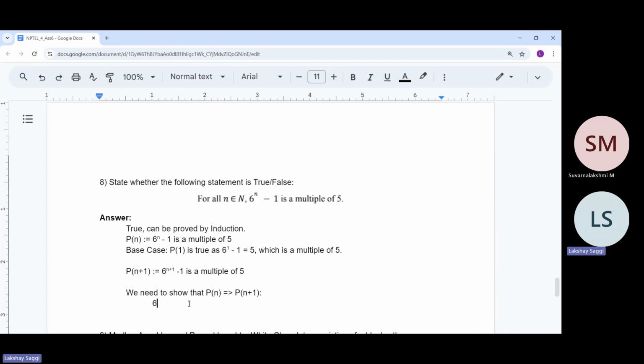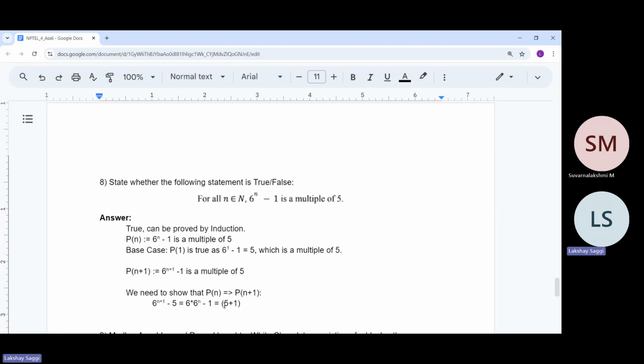So this is 6 to the power n+1 minus 1. And 6 to the power n+1 can just be written as 6 times 6 to the power n, and minus 1. I just took one 6 out and wrote it as 6 times 6 to the power n, minus 1. And now this 6 can be written as nothing but 5 plus 1, a similar trick which we employed earlier.